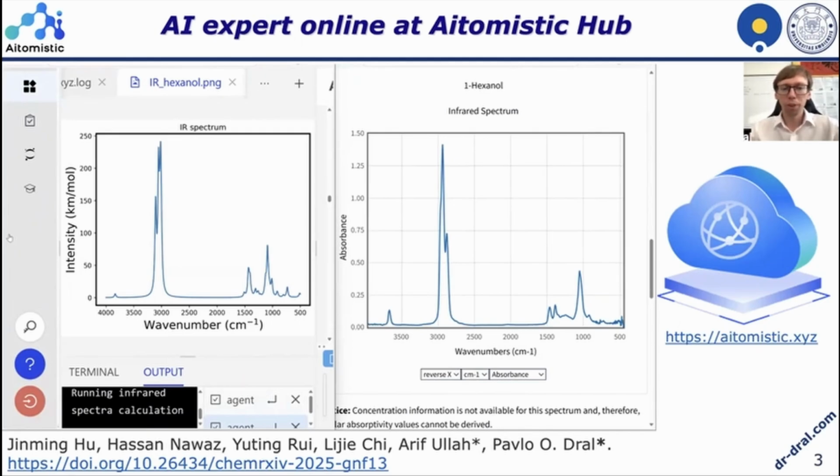But you also see that the spectra which are generated are matching experimental ones quite well. Also, the calculations were done quite fast. And this is all possible by a very unique combination of using AI to talk with the user, but also using AI methods to perform the simulations fast and accurately.